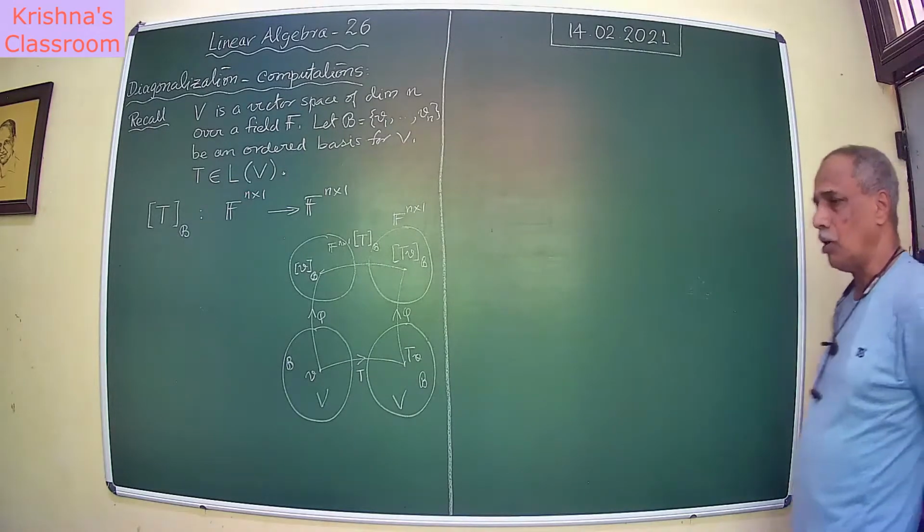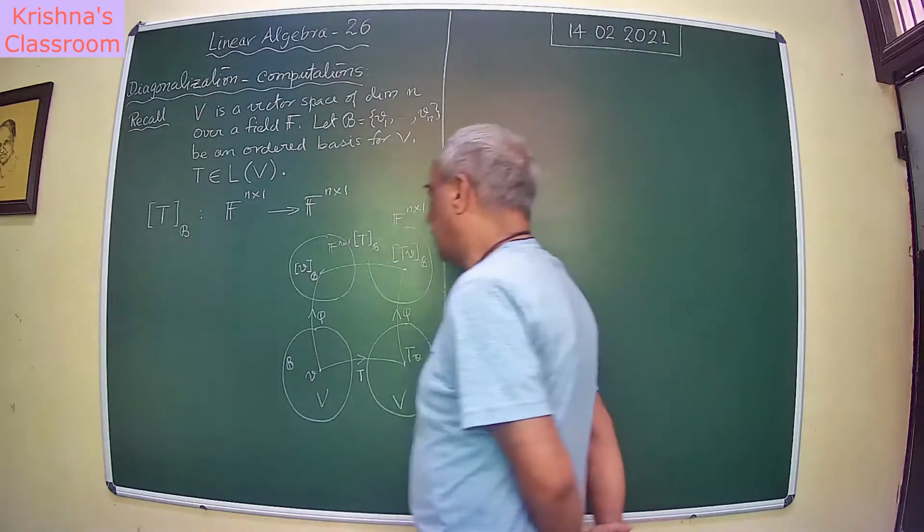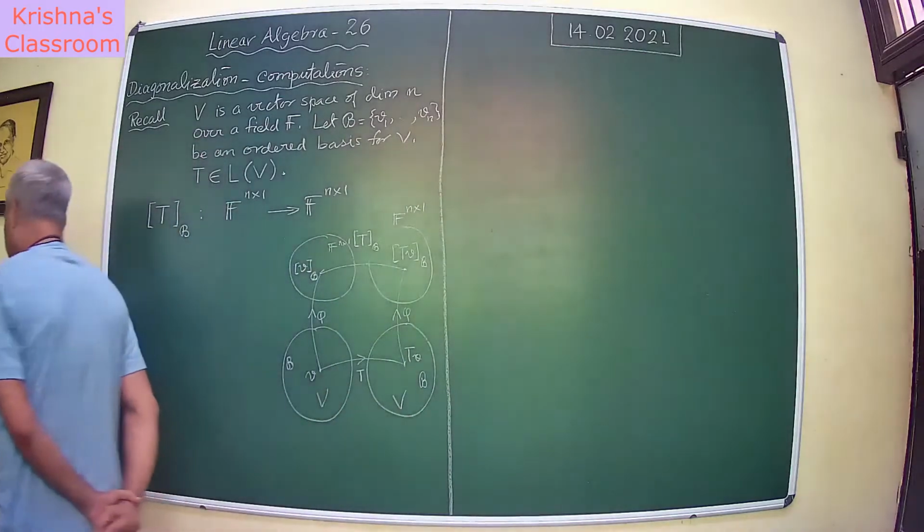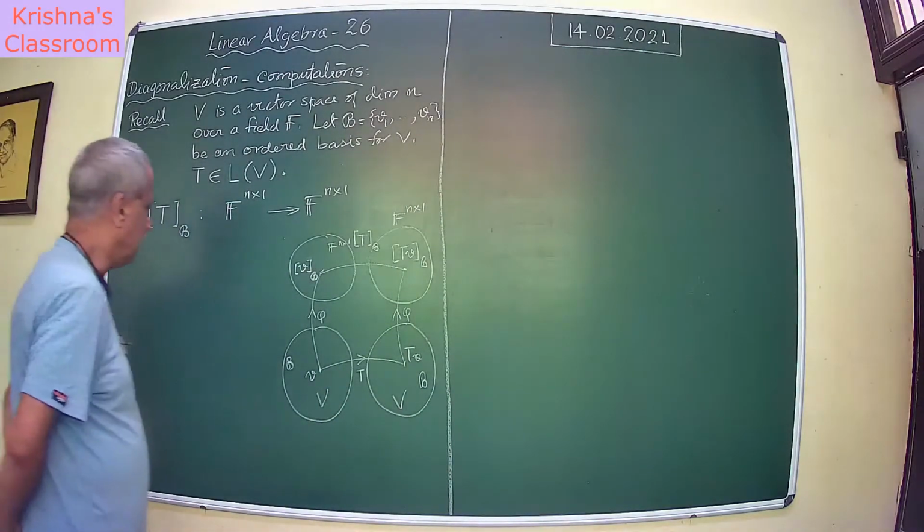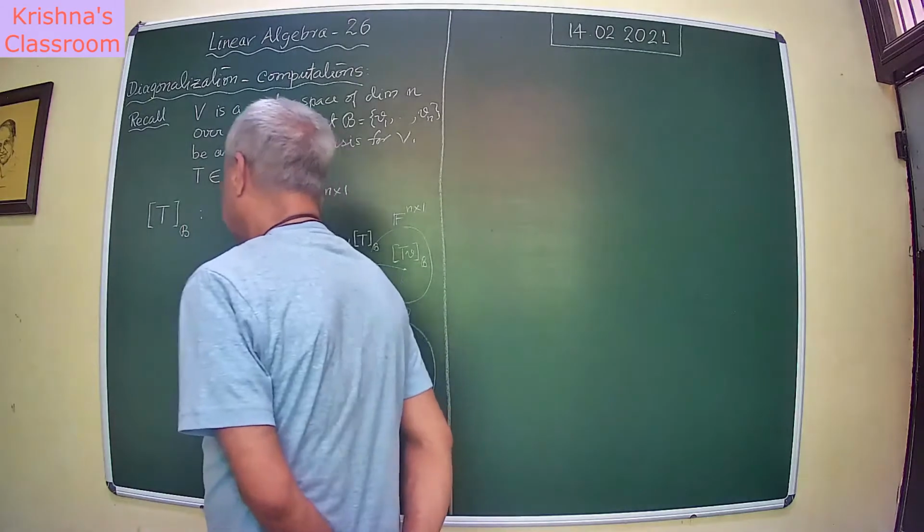So the problem boils down to finding out the eigenvalues and eigenvectors of TB. Okay, so let us just note it down.